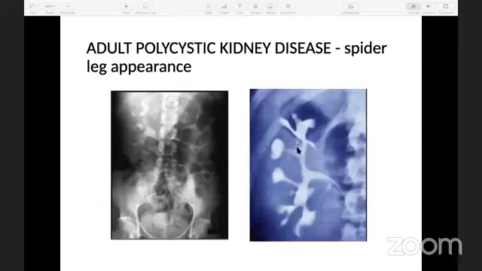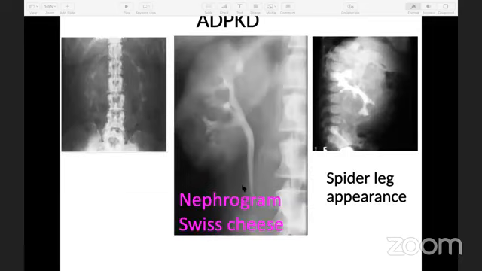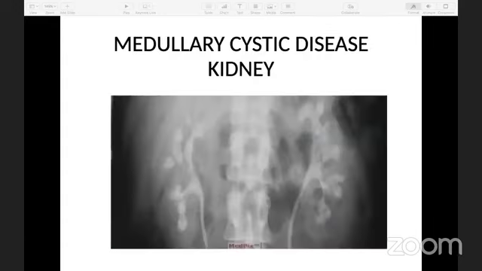Spider leg appearance caused by multiple cysts in a case of autosomal dominant polycystic kidney disease. Multiple radiolucencies in the nephrogram produce characteristic Swiss cheese appearance. This film shows classical features of medullary cystic disease.